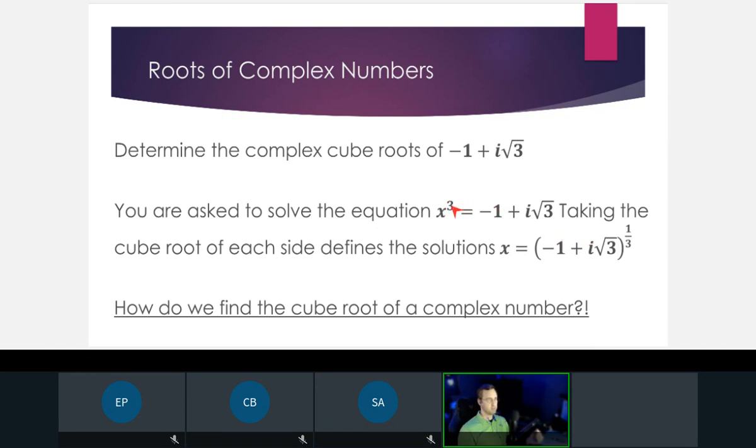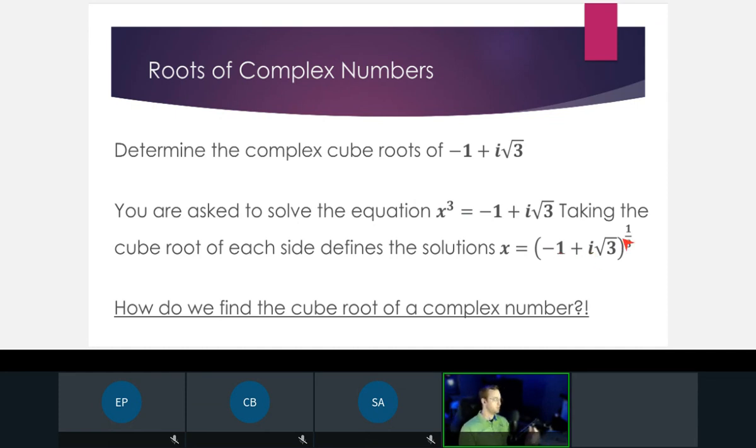When you cube root this, you get x. When you cube root this, just like the bell work, I can write it in cube root radical form, or I can write it in exponent form, and that's what I'm showing here. So this would be the answer. The thing is, you can't say, all right, this is my answer.